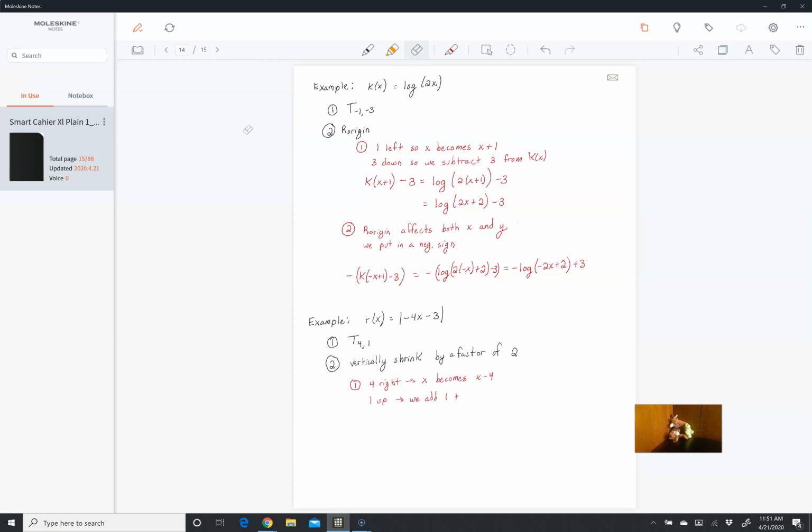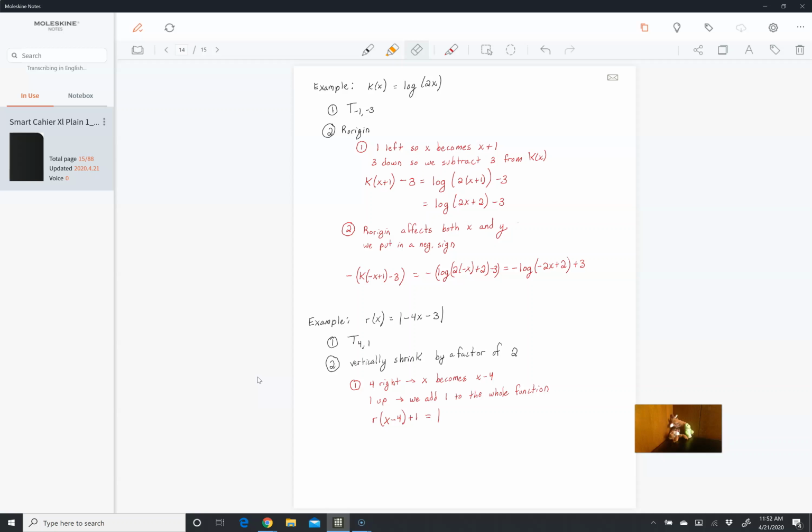So we add 1 to the whole function. So x becomes x plus 4. Sorry, x minus 4. And then we add 1 to the whole thing.